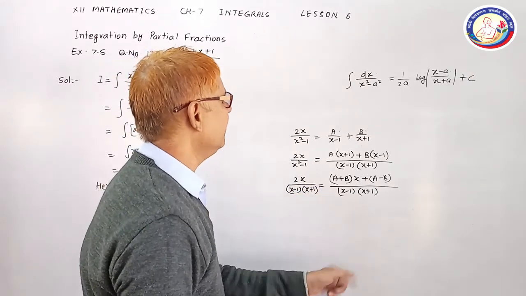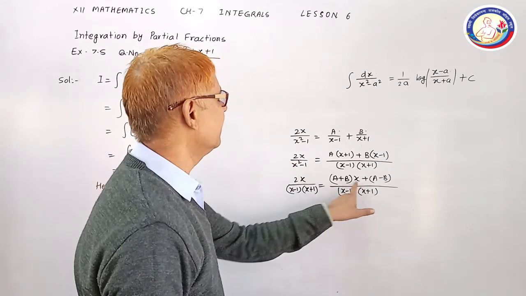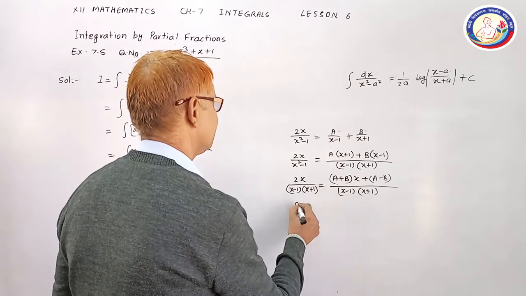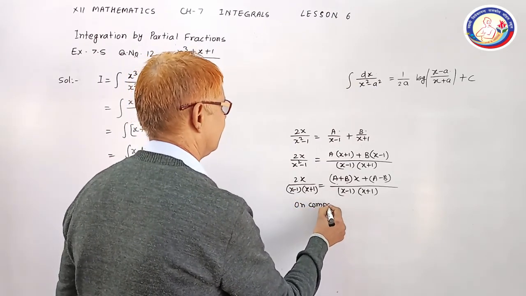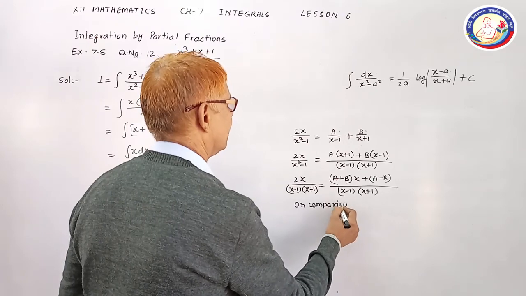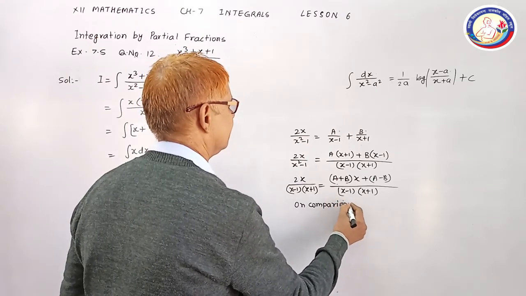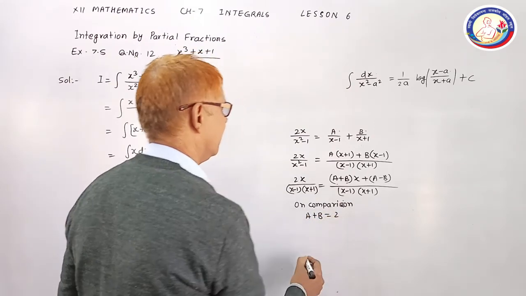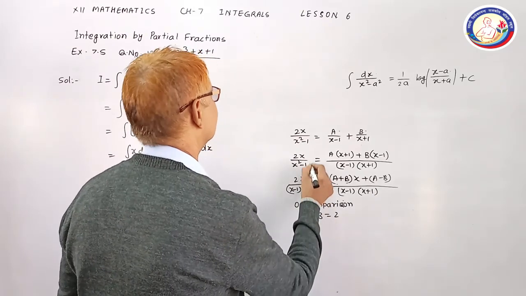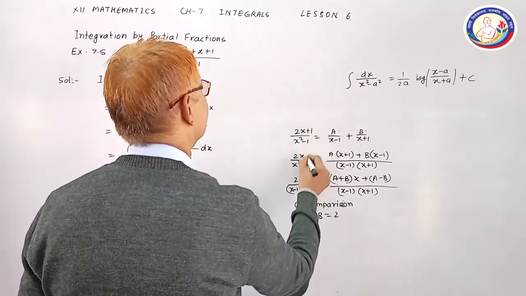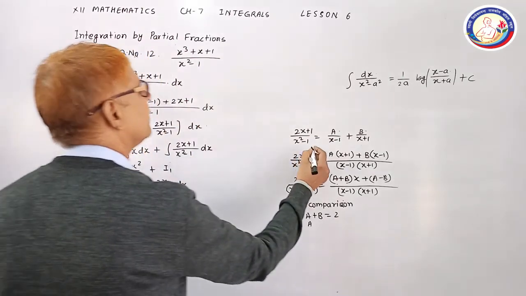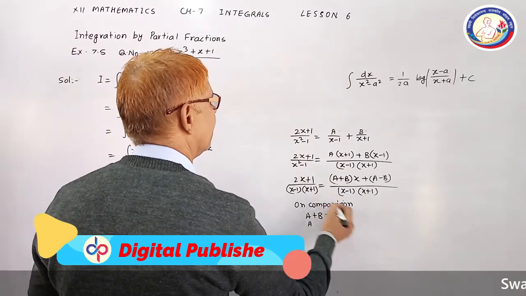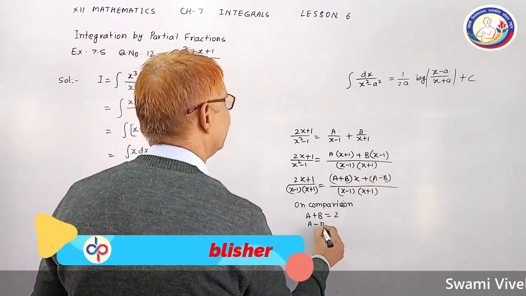So 2x upon this will be x square minus 1, or x minus 1 into x plus 1. So denominators are equal. What is x? The coefficient of x is here. It is a plus b and it is here 2. So on comparison, a plus b equal to 2 and a minus b, I have forgotten to write x here, x plus 1, and a minus b is 1 here.